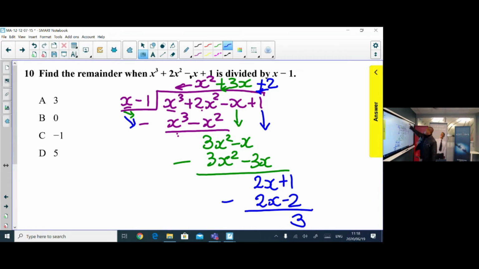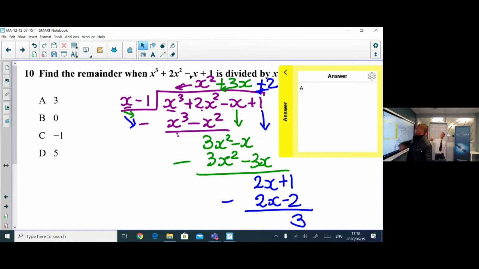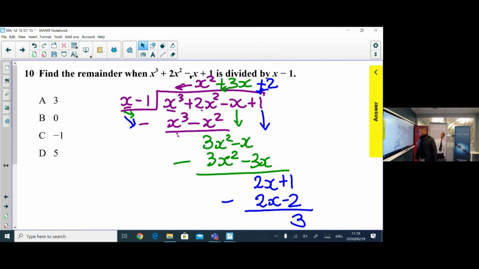And if you didn't make any mistake, you see that your answer is 3. So there is your answer, A, which means, as we have said, this will be your remainder.